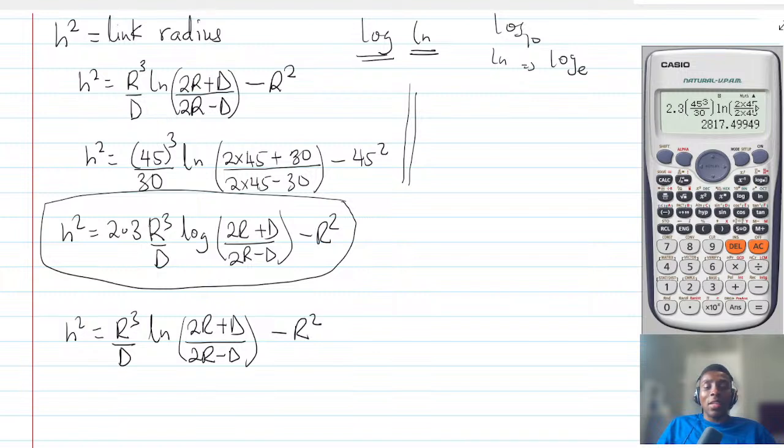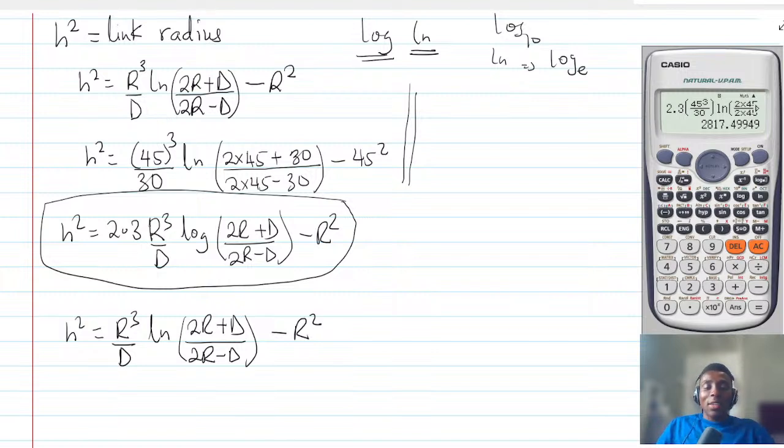Actually, that is it. Basically you just have to ignore the 2.3, but if you want to use the 2.3, then you have to use the equation which has the logarithm in it. I hope the concept is clear.